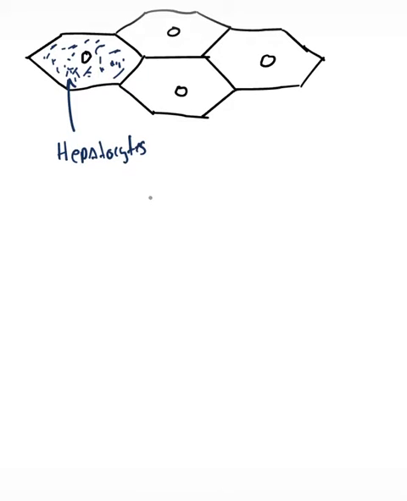You have lots of hepatic cells, different types of cells doing different things. You have immune cells as well, lymphatics, etc. So you have all of the functional cells of the liver, the hepatocytes, which we'll collectively call them, inside of this five-sided structure here.